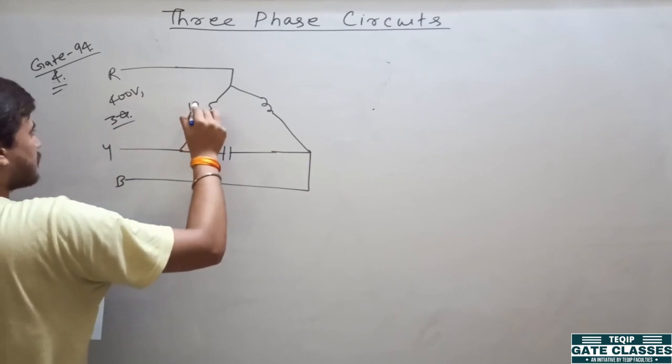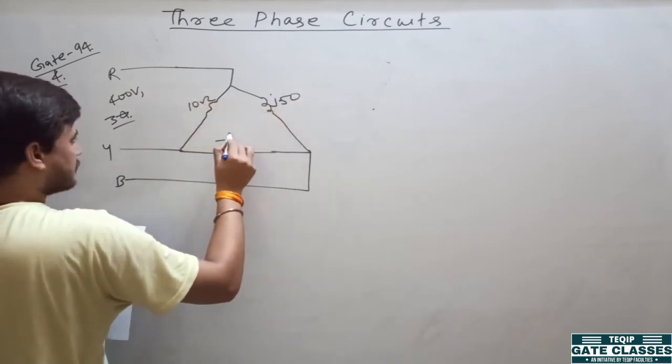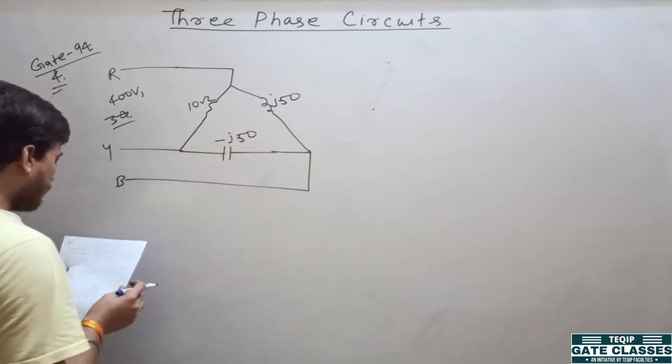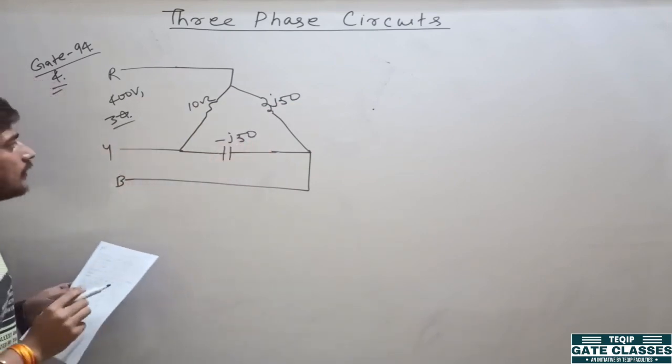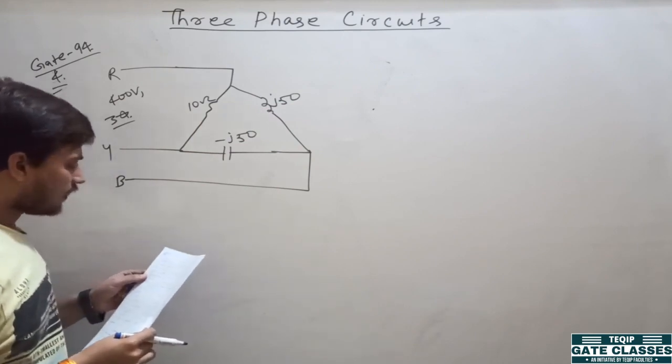This is 10 ohm, this is J50, this is minus J50. Clear? This is R, Y, and B. A set of three equal resistors connected.